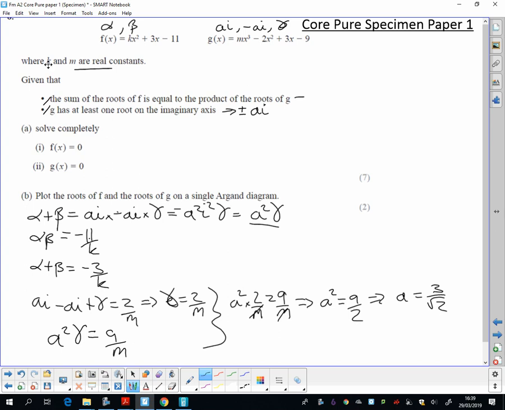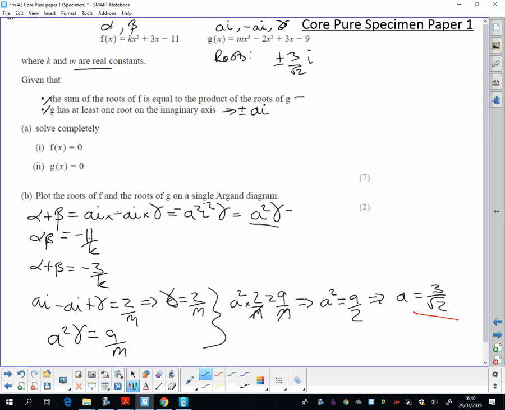And now we've started managing to solve something already. So now we know a. So now we know that two of the roots of this equation are plus or minus 3 over root 2 times i. So we've finally started getting somewhere. Right, we can then go back.